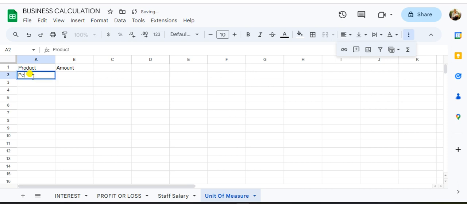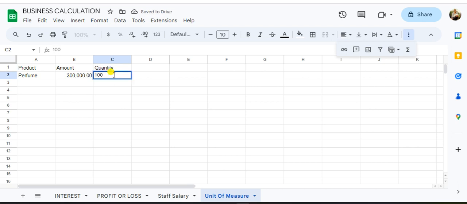Let's say the product name is perfume, then the price, it cost us 300,000 naira per carton. Then quantity, how many bottles of perfume are in that 300,000 worth of perfume? Let's say 100 is inside.